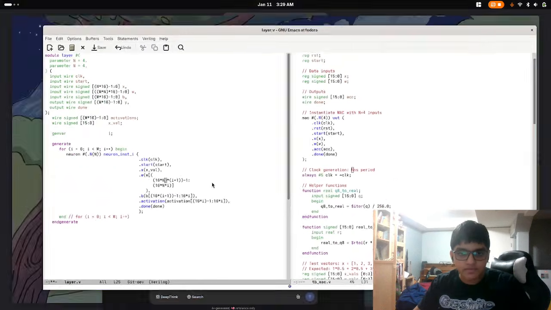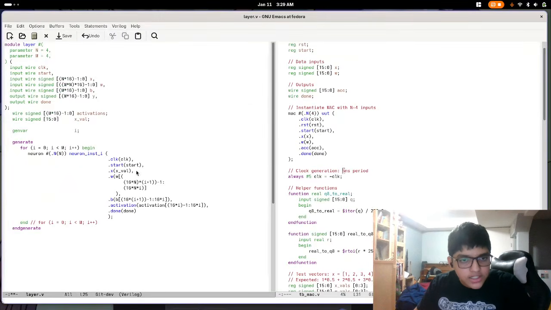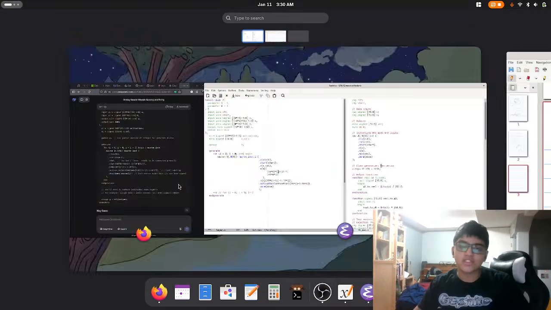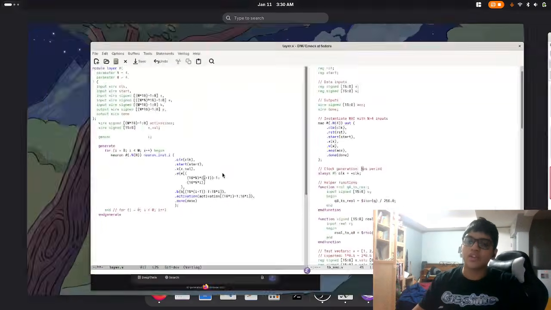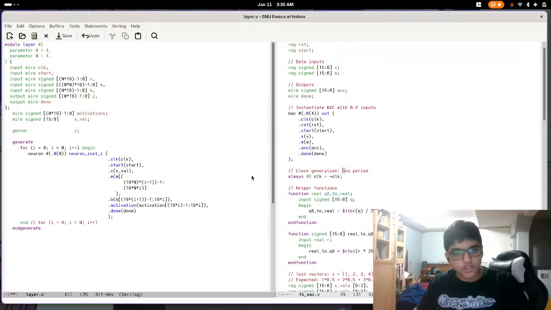So what we're doing here is, let's say we're generating the second module.